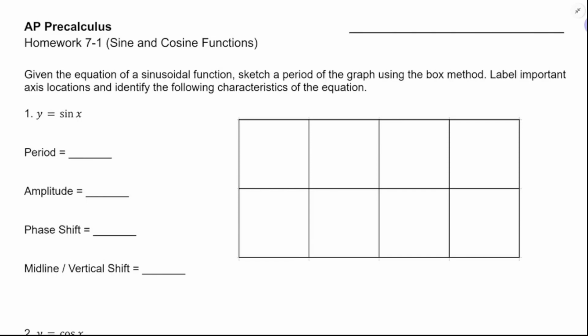Okay, so what we need to know is the standard sine x graph, and I'm not going to go into it here. I'd just direct you back to the lesson video if you were confused on why these were the points on the sine graph. It really has to do with the fact that on the standard 0 to 2 pi interval, sine starts off at 0, increases to 1, decreases back to 0, and then to -1, and then increases back to 0.